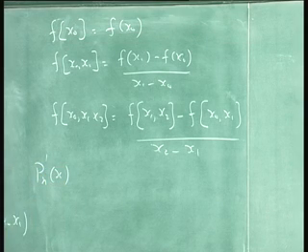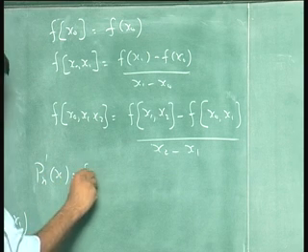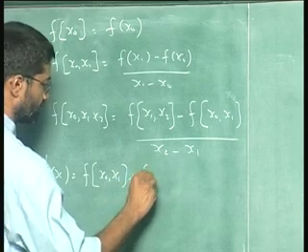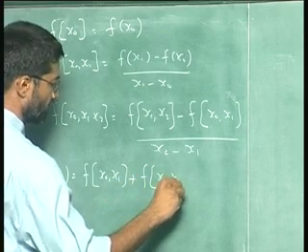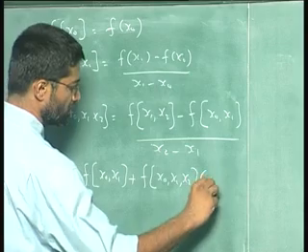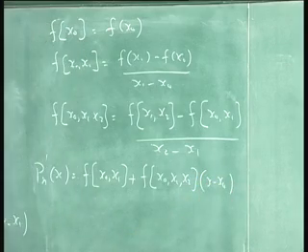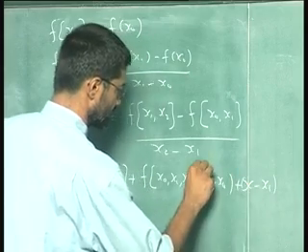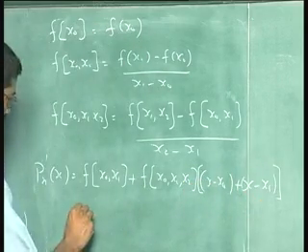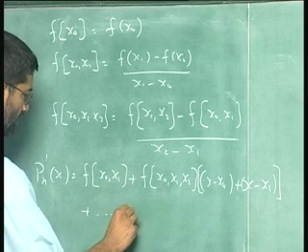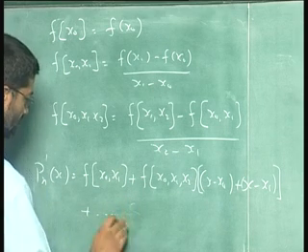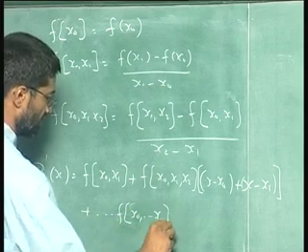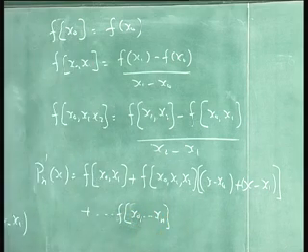The derivative of this polynomial, as we can see, is another polynomial with f of x0, x1 plus, and so on up to f of x0 to xn, and then we will have a sum of all the terms.